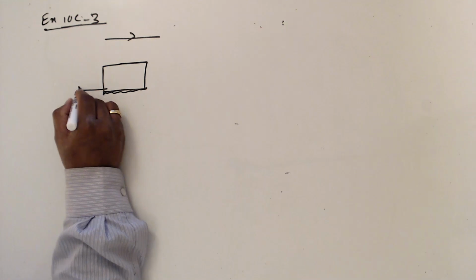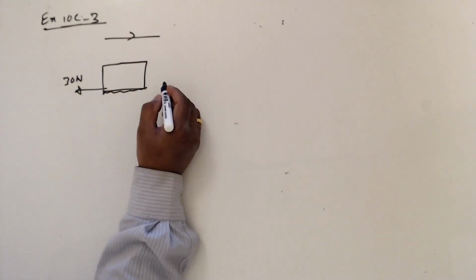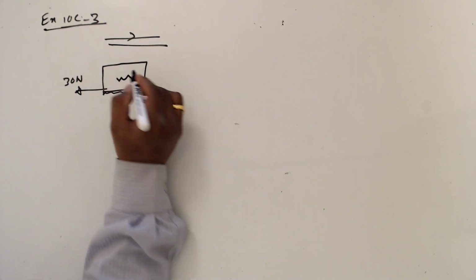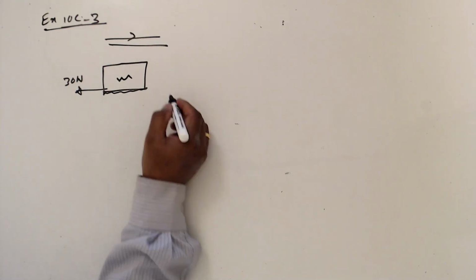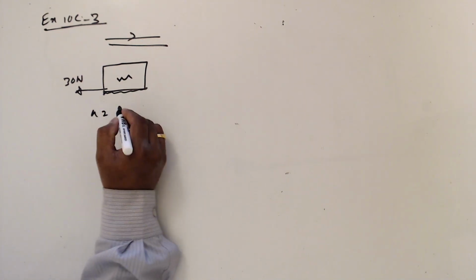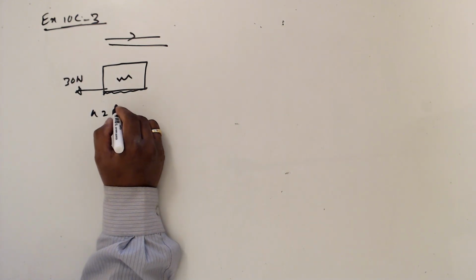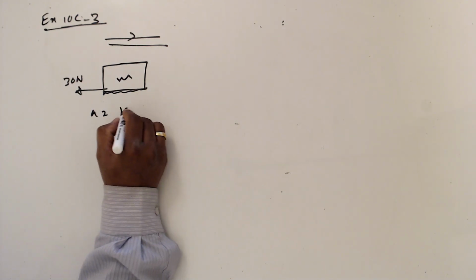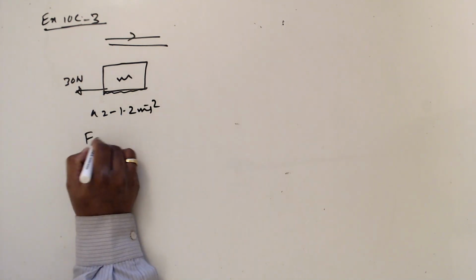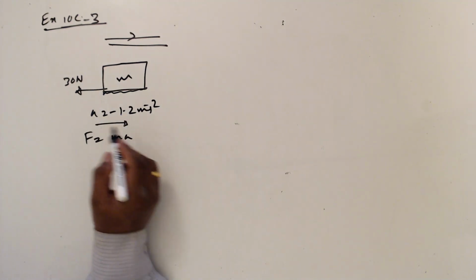As a result, there is a 30 Newton frictional force, and the object is moving in this direction, and the mass, let's take m, and the deceleration is given, a is -1.2, it's a deceleration, minus. So when F equal ma, we'll put it in this direction or any direction we can put.